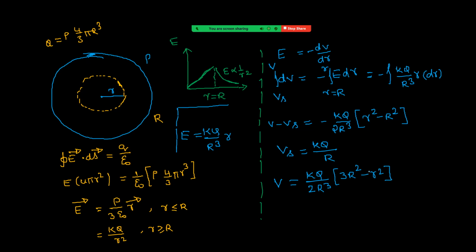This is the potential inside the sphere. And if you see carefully, when r equal to 0, the potential is not 0 at the center. So this is a way of calculating electric field and from that potential. Let us see now questions based on this.